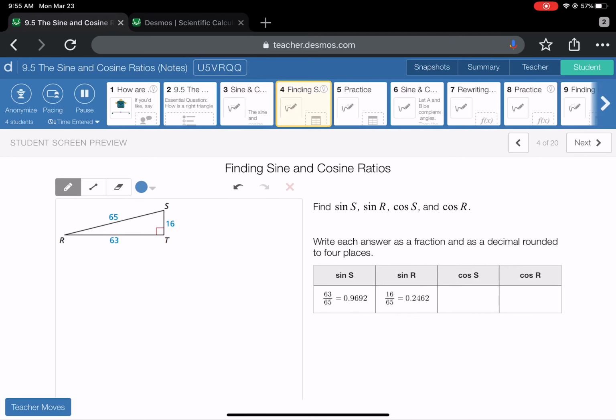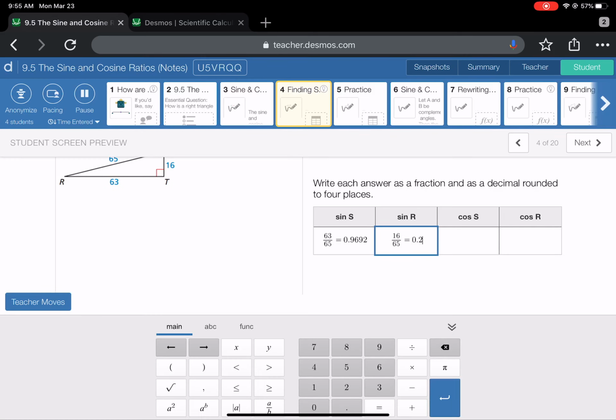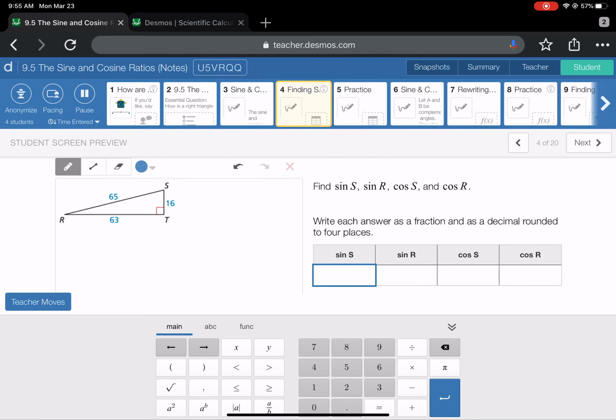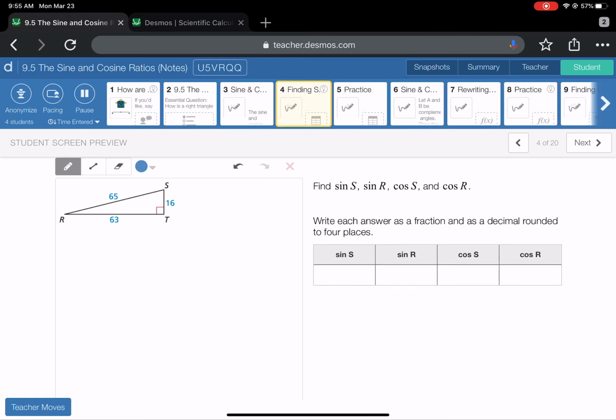Alright, so if we're trying to find the sine and cosine of the given triangle, let me erase this part here first. We're going to do the same technique that we just did on the previous slide. If we want to find the sine of angle S, we first identify angle S. From the previous slide, we know that to find the sine of any angle, we take the opposite and put it over the hypotenuse.